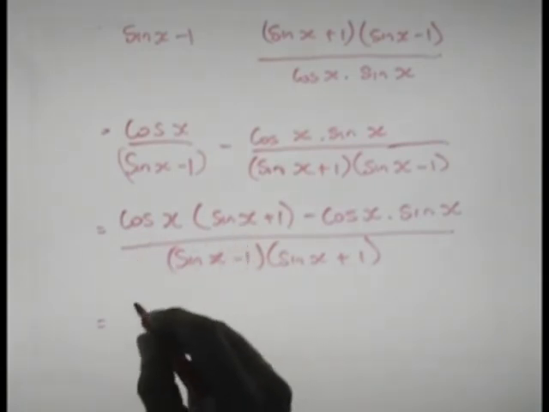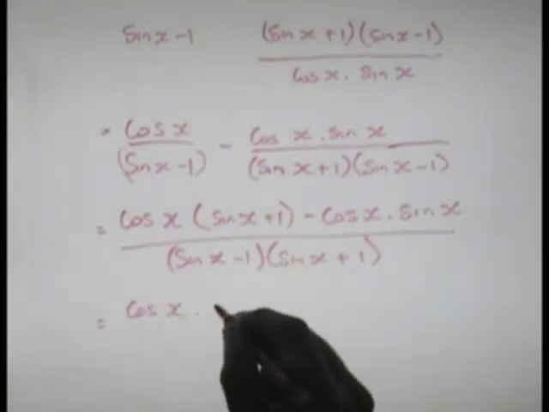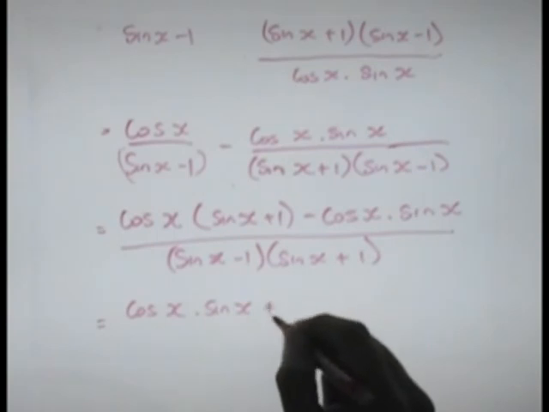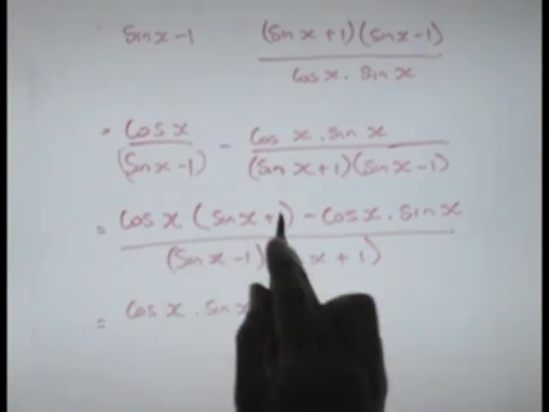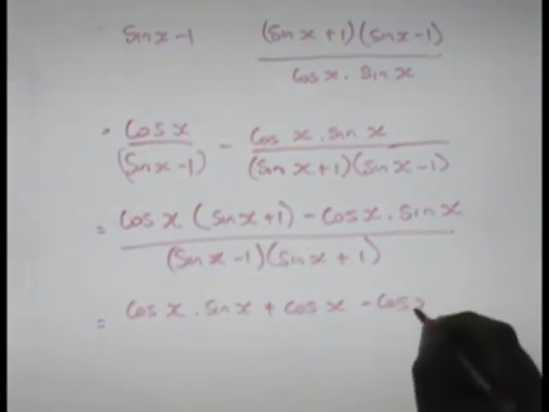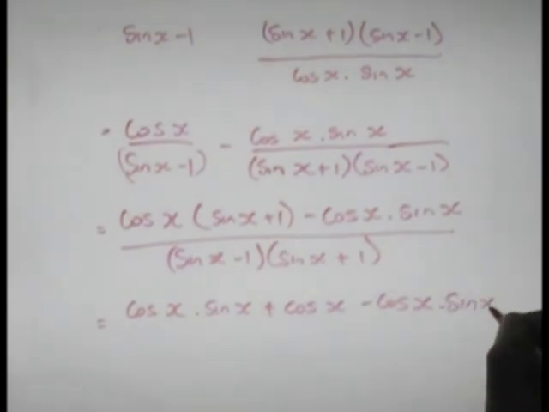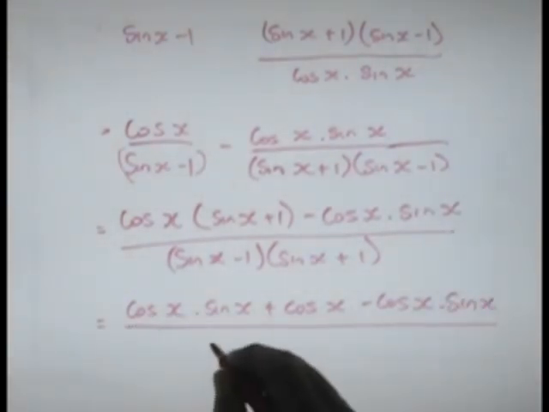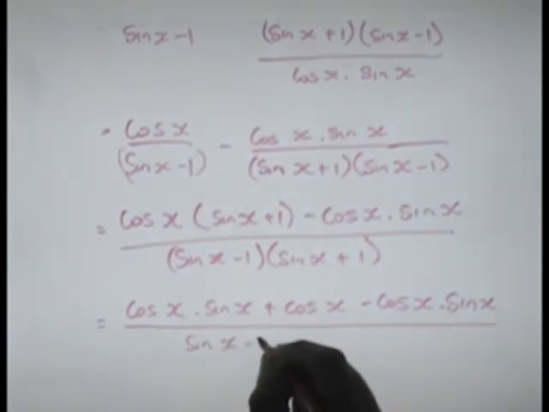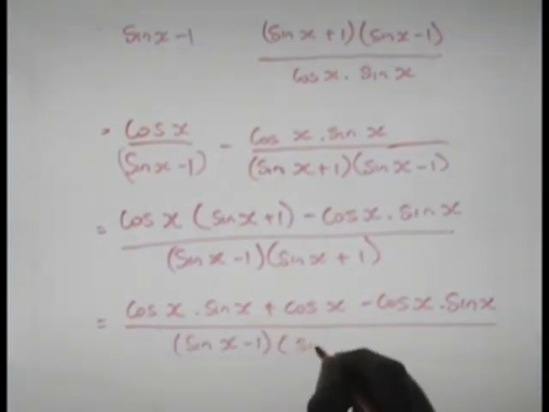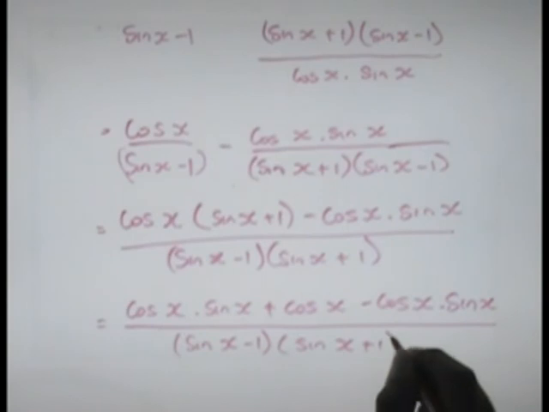Cos x times sine x will give me cos x sine x plus cos x, minus cos x times sine of x, all of that divided by sine x minus 1 multiplied by sine x plus 1.